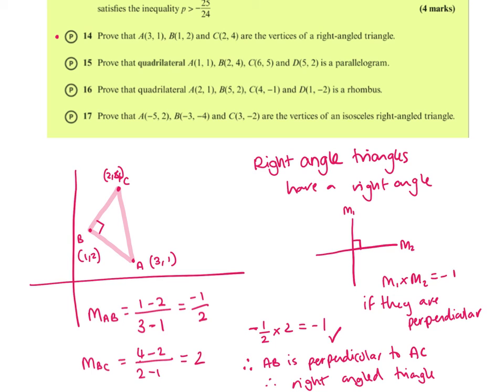Now, in terms of using Pythagoras, we could use Pythagoras, but if you think about it, it's going to be a lot longer, because we'd have to use Pythagoras here to find this length, then Pythagoras here to find this length, Pythagoras here to find this length, and then show that this squared plus this squared equals this squared, which would actually take a lot longer. Okay, so we can do that, but it would take longer. So we want to find the quickest way to prove it.